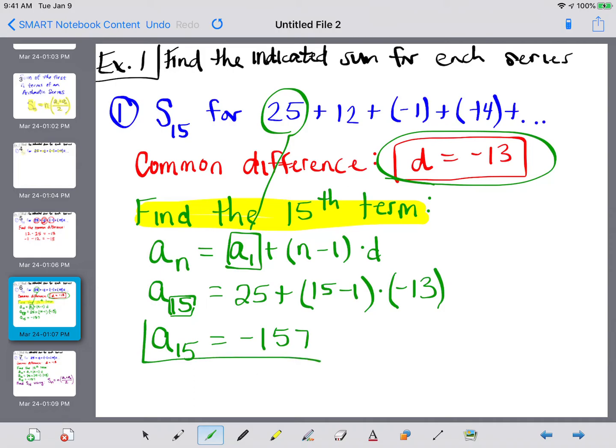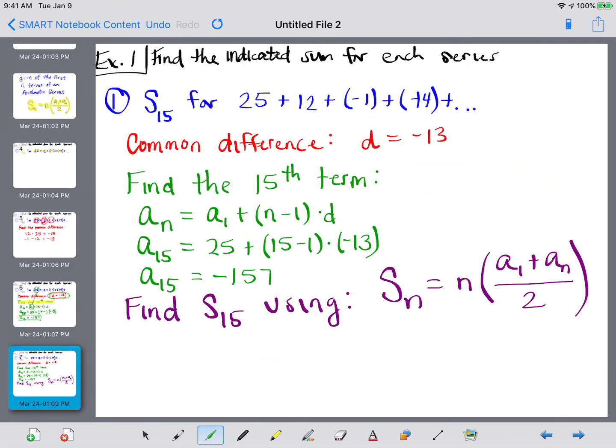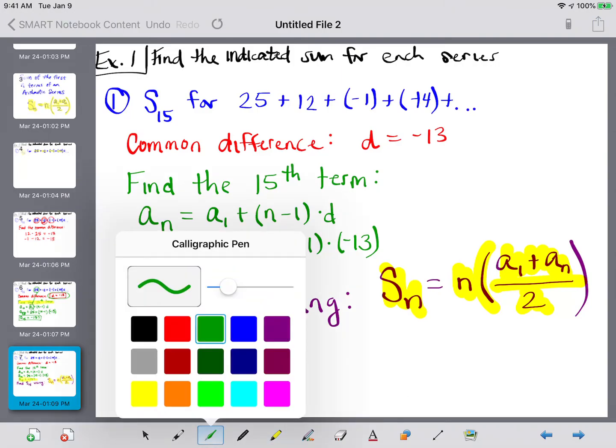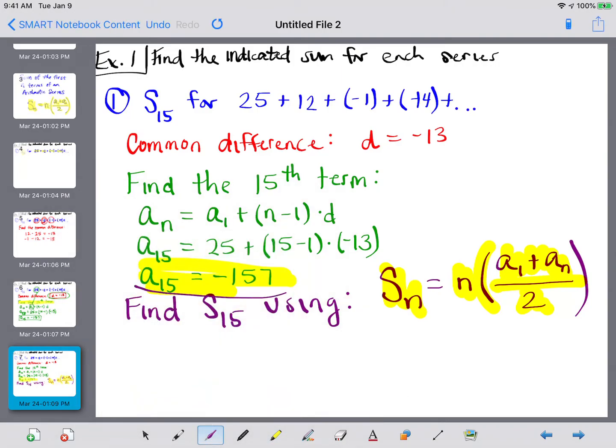Once we have the 15th term, now we are ready to plug it into our summation formula from the very beginning. Our s sub n equals n times a sub 1 plus a sub n, all divided by 2. We are going to use the 15th term, and I'm going to plug that into the formula right where a sub n is.